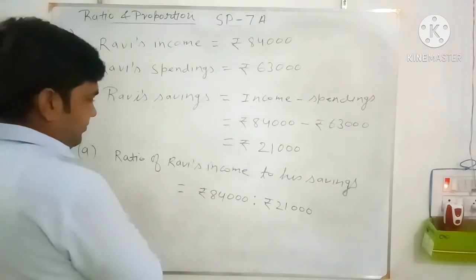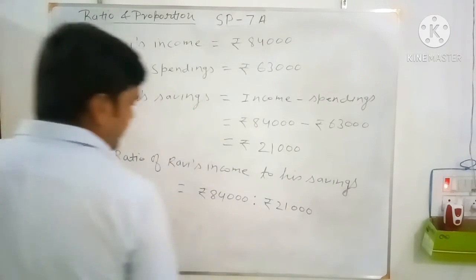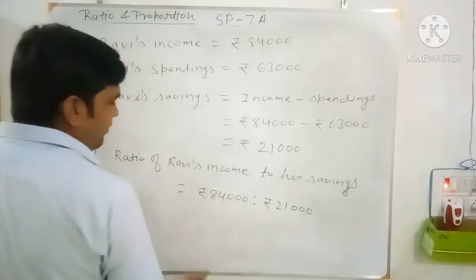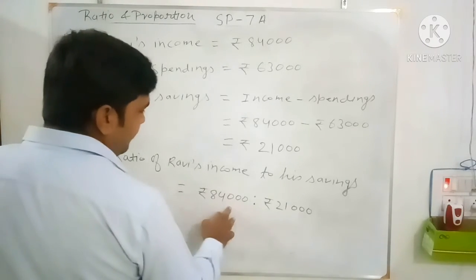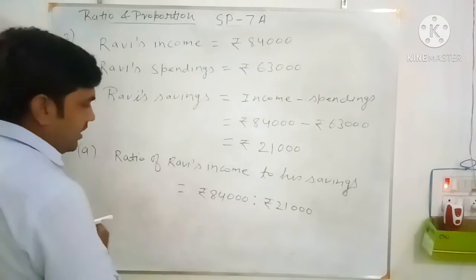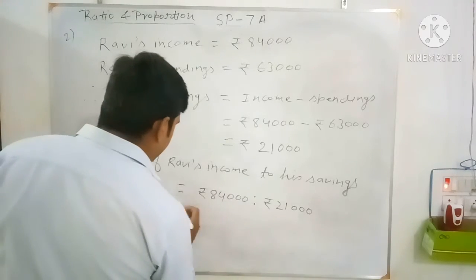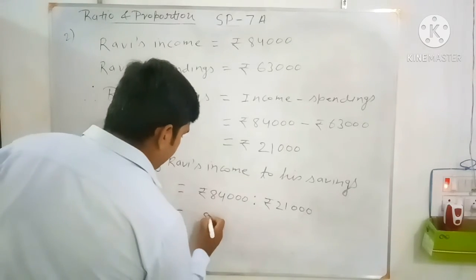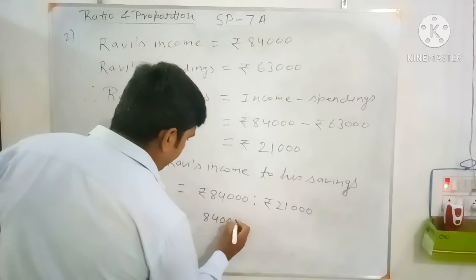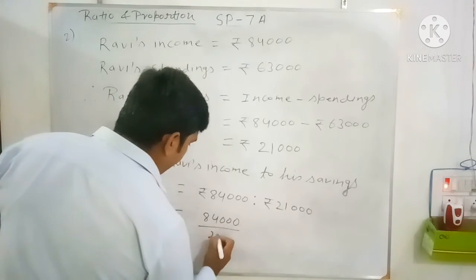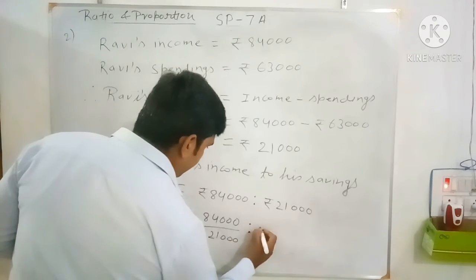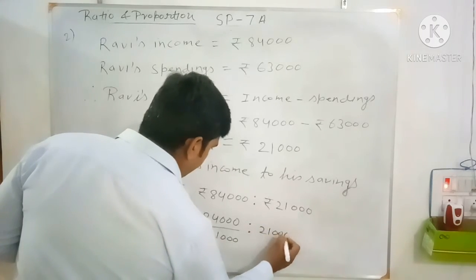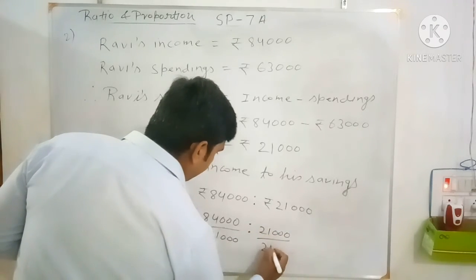So divide each term of the ratio by 21,000, because the HCF of 84,000 and 21,000 is 21,000. So what will be the value? 84,000 divided by 21,000 is to 21,000 divided by 21,000.